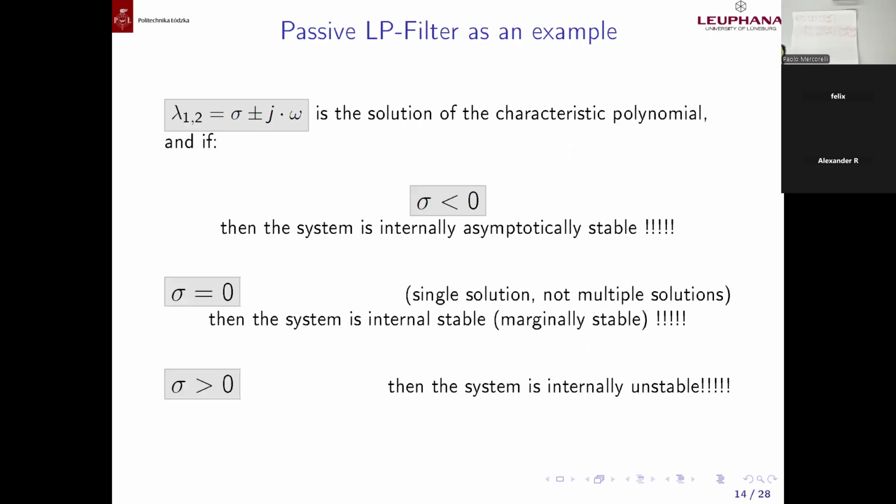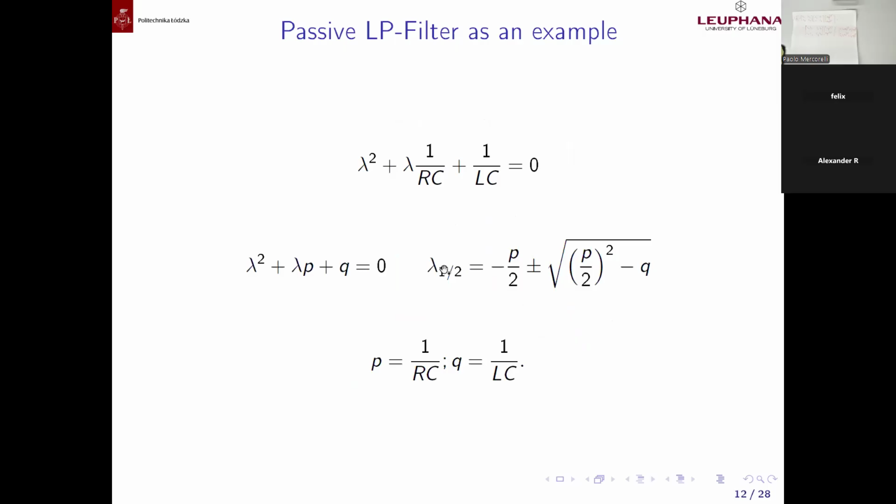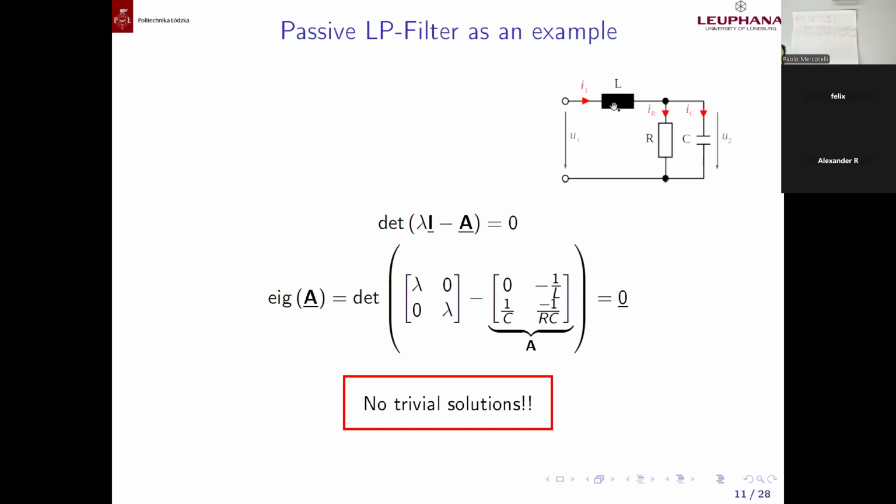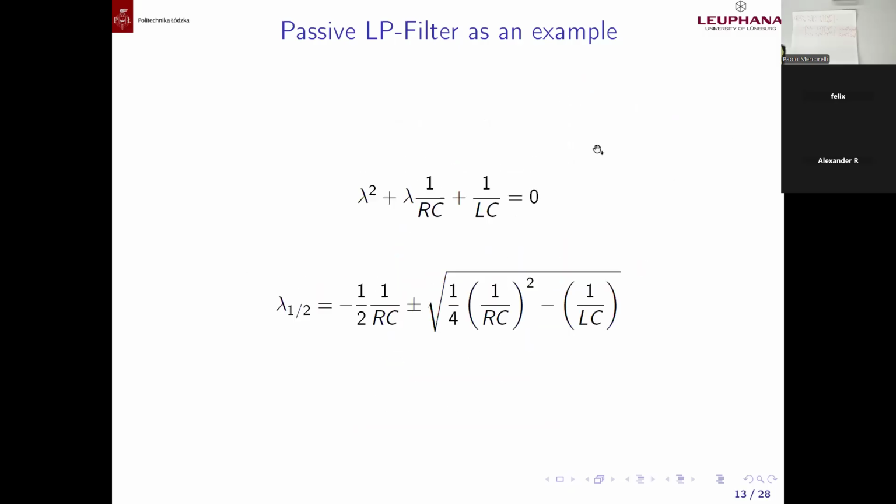When we have oscillations, there is an exchange of energy between electromagnetic and electrostatic. If R is very small, we don't have this exchange, or we don't have much.